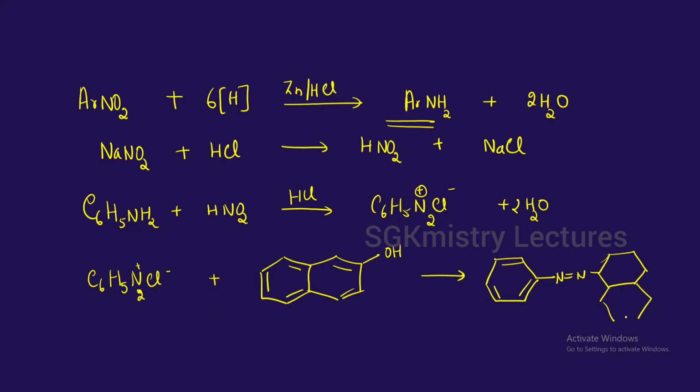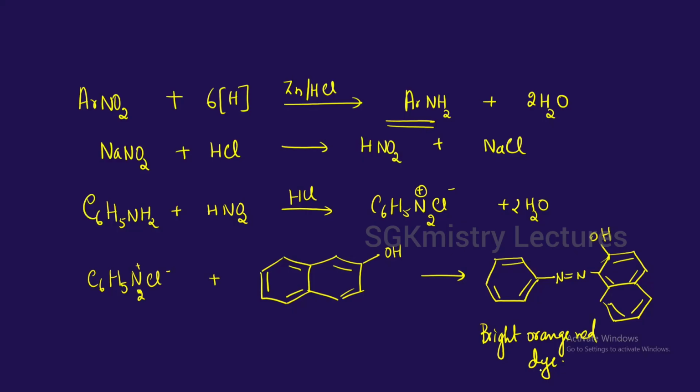Here we have the beta naphthol part, and then we have the OH group. This is nothing but the bright orange red dye. So this is with respect to the test to detect the presence of nitrohydrocarbon.